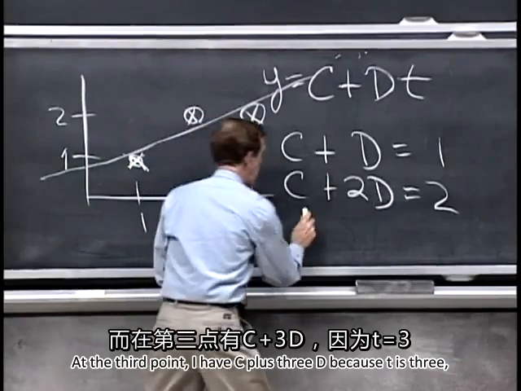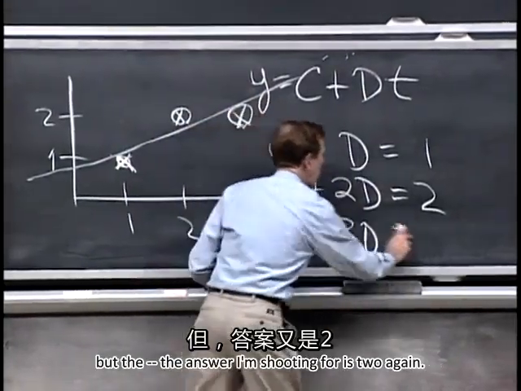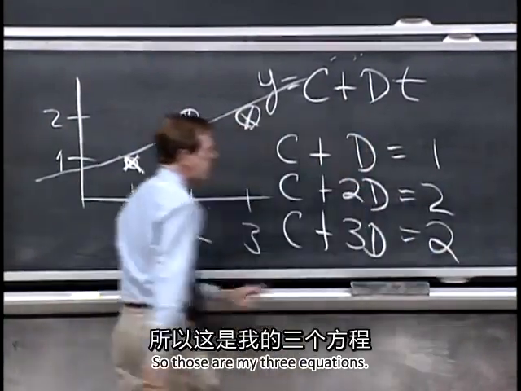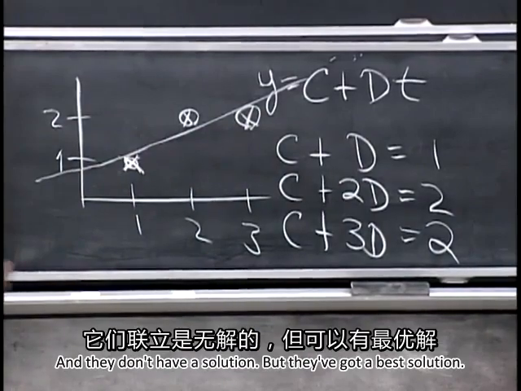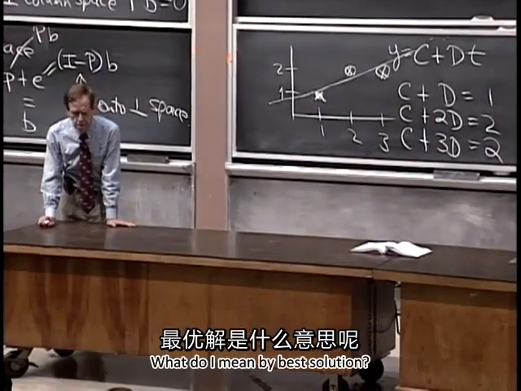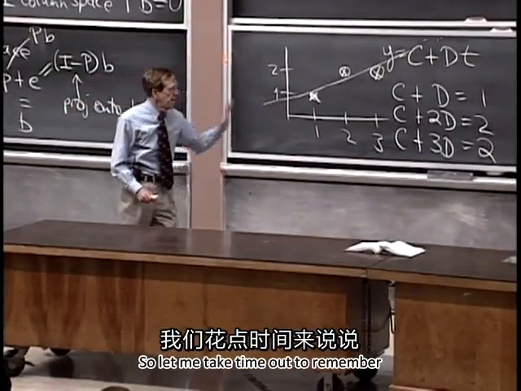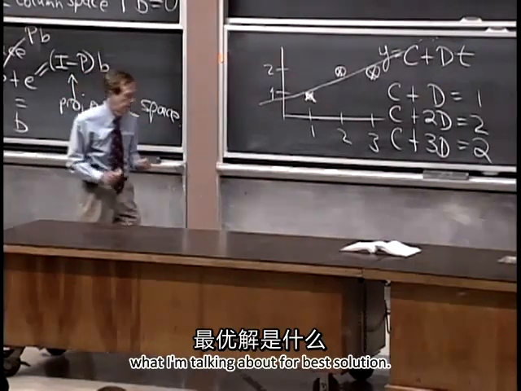At the third point, I have C plus 3D, because t is 3, but the answer I'm shooting for is 2 again. So those are my three equations. And they don't have a solution. But they've got a best solution. And what do I mean by best solution?